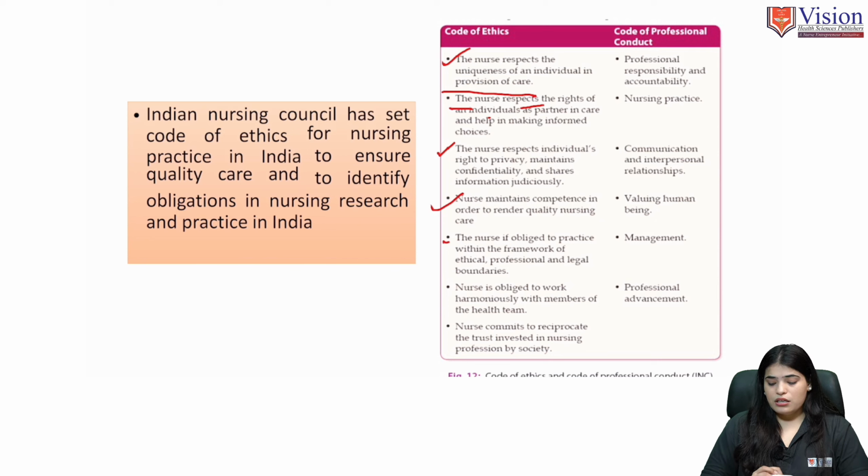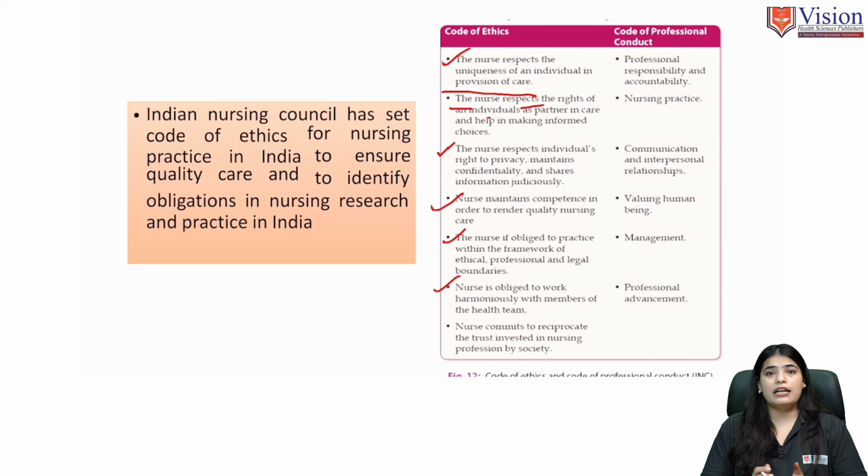The nurse is obliged to practice within the framework of ethical, professional, and legal boundaries. We have talked about some of the ethical principles, and the nurse has to perform within those ethical principles, and there are some legal boundaries that the nurse has to follow. The next code of ethics is: the nurse is obliged to work harmoniously with members of the healthcare team.